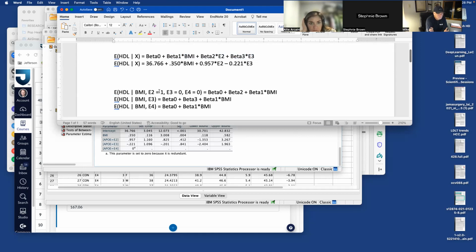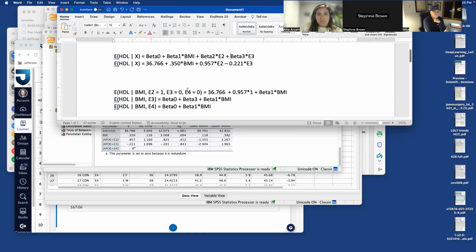This is what we're doing when we want the expected value, the mean, what we call a marginal mean or an adjusted mean for group E2. Because we just now insert our estimate. So we get 36.766, times 1, beta 2, which is the coefficient for E2, times the value of E2, which in the background is 1.